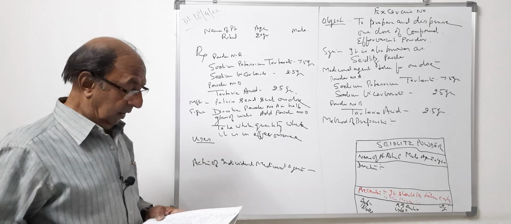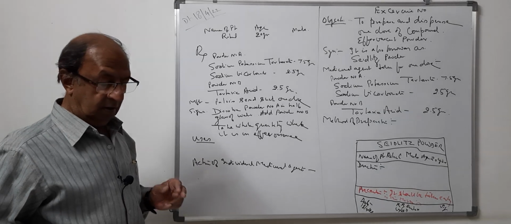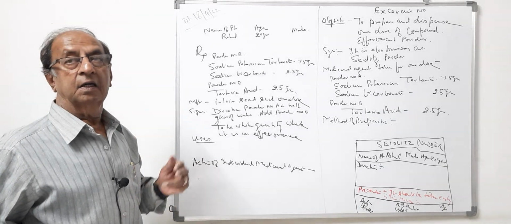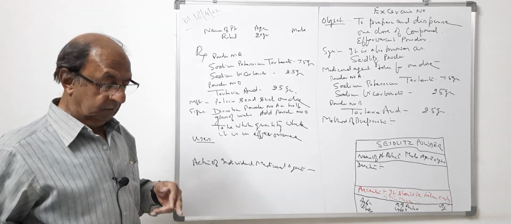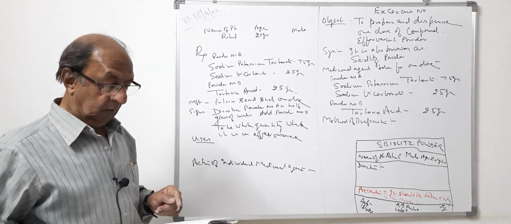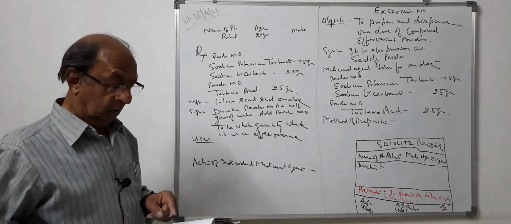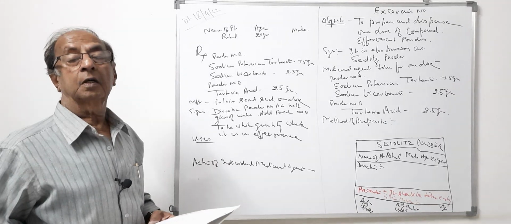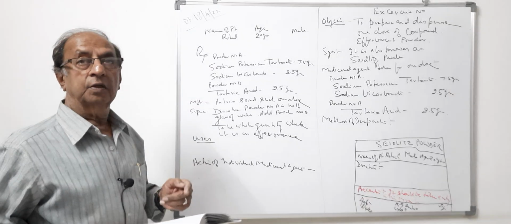Third, it is also used for radiological examination of GIT tract. It is given 1 or 2 hours before radiological evaluation of the GIT tract or kidney also, or any other abdominal part where it has to be observed radiologically.